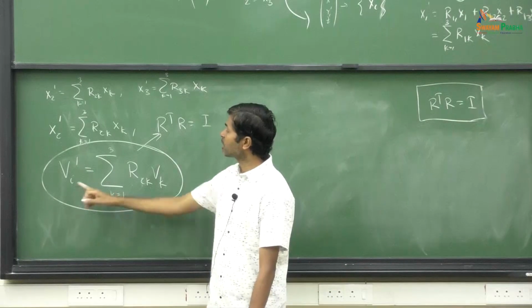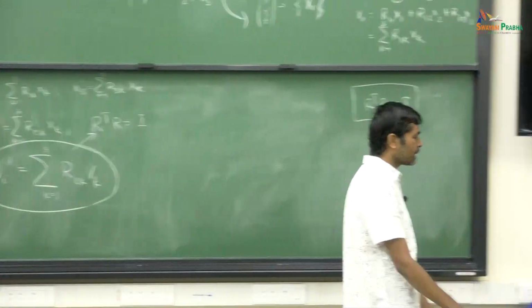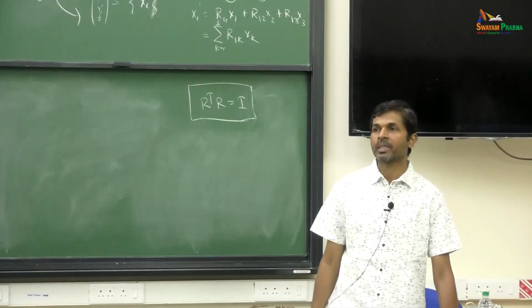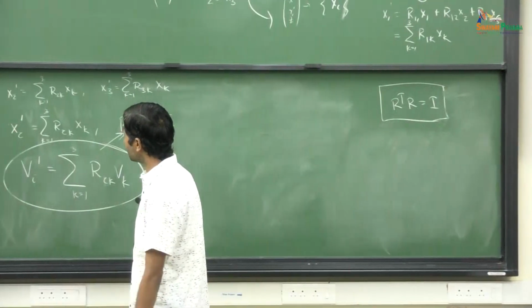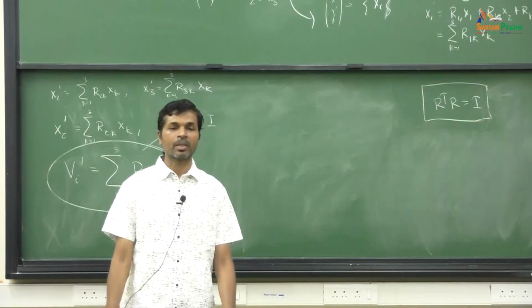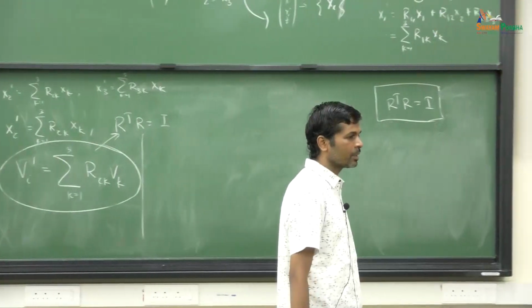So I saw that this is how the components transform. Now I say that I will take this as the definition of my vector. If I have a collection of 3 quantities which transform this way under rotation, then I call them vectors. So what is the use? What is the new thing that we are getting here?